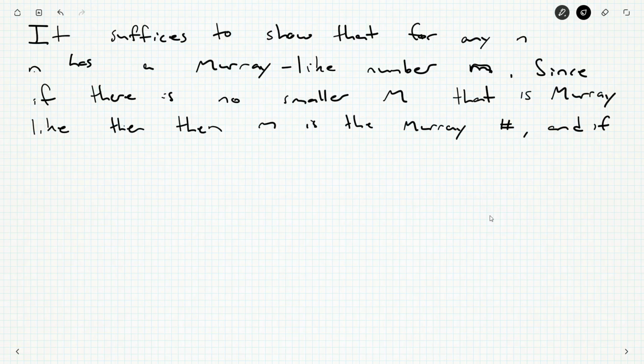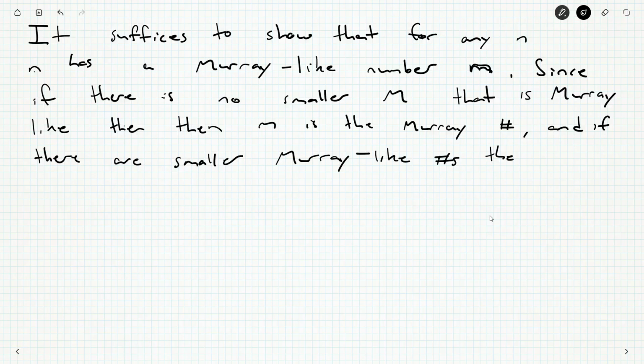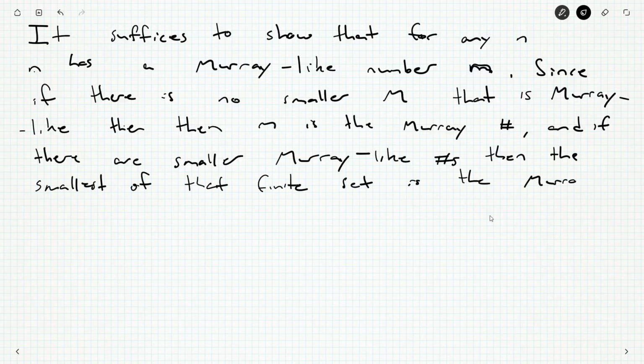And if there are smaller Murray-like numbers, then the smallest of those is the Murray number. So we get existence just by showing that there is one Murray-like number.